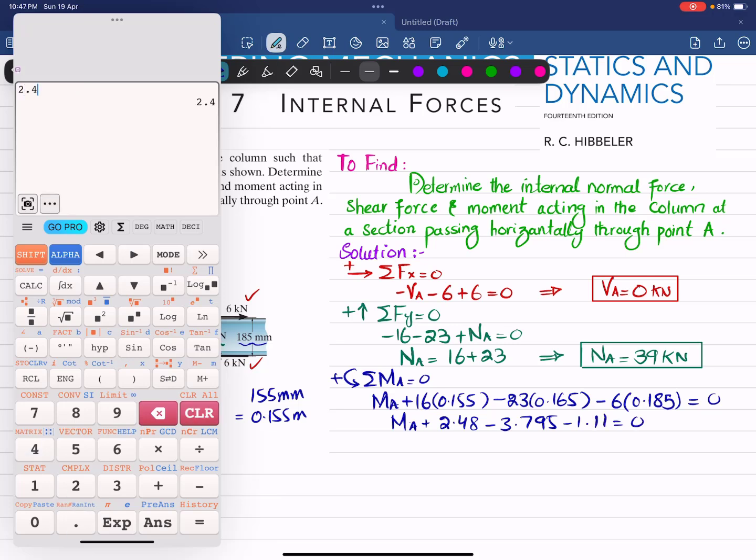Now 2.48 minus 3.795 minus 1.11 will give you minus 2.425. So MA minus 2.425 is equal to 0. So here we will get MA equal to 2.425 kilonewton meter.